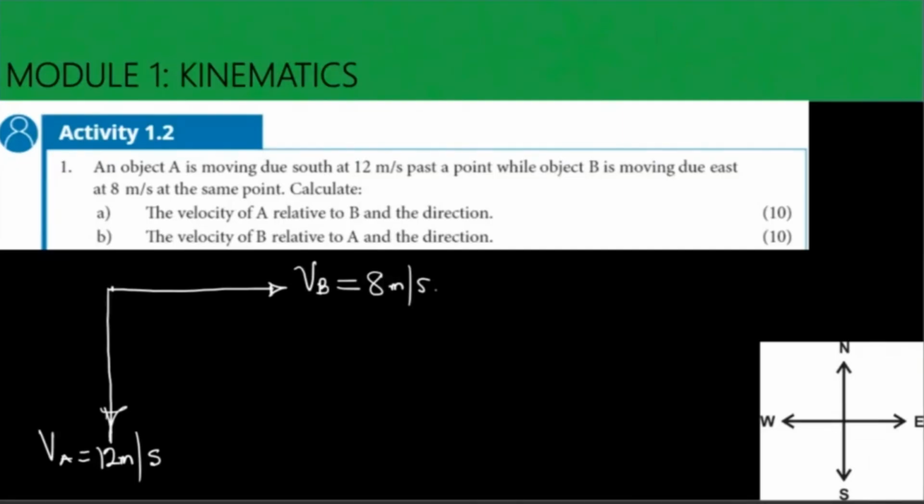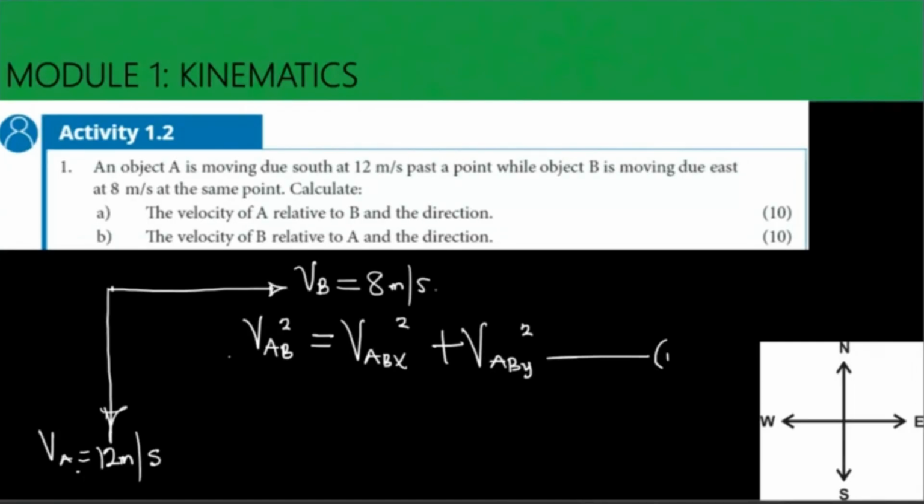The first thing you have to determine here: you can see that these are actual velocities, A and B. Of course, you know that the velocity of A relative to B squared is the velocity of A relative to B on x squared plus the velocity of A relative to B on y squared. We all know this equation.